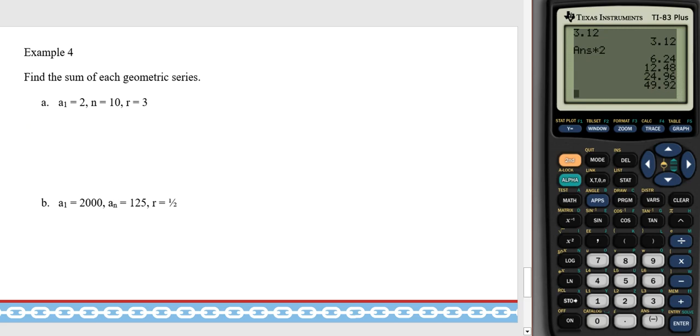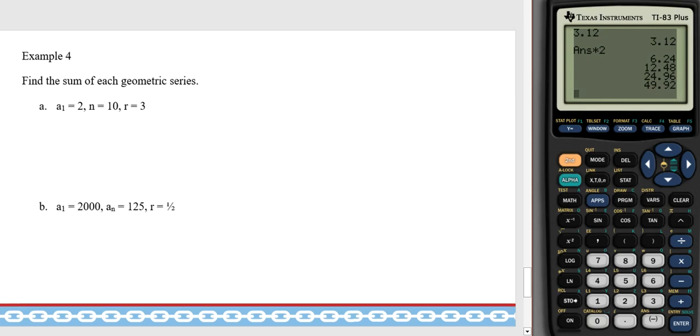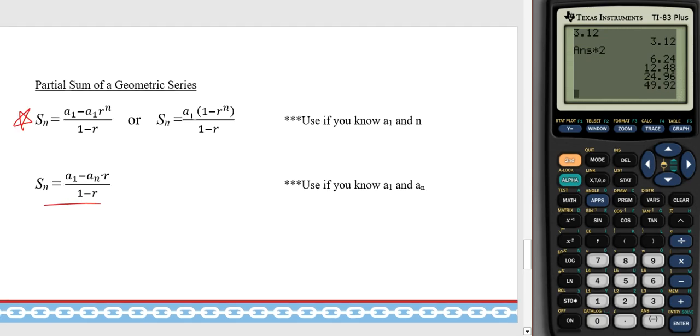So looking at our examples for that, in example A, I know our first term and our n value and our r value. So I am going to use the first formula set given to us. I'm going to use this for our first example.